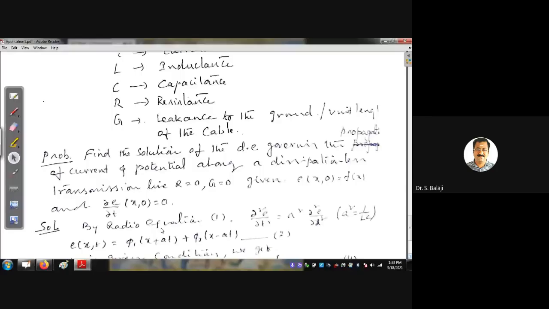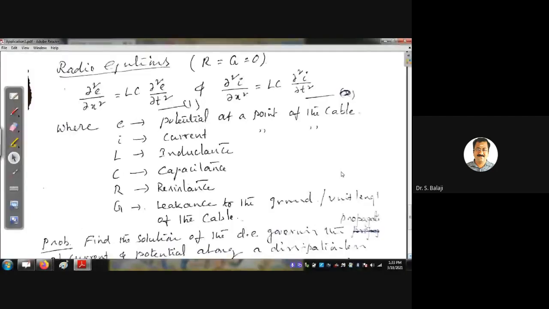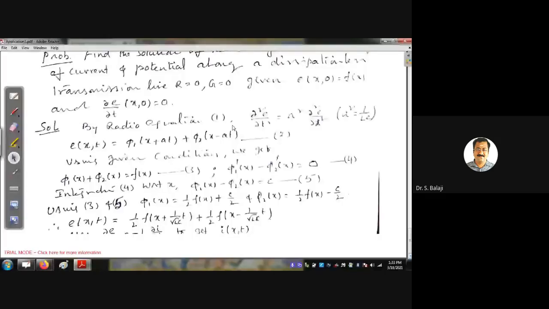The initial conditions are rho of x comma 0 equals f of x, and del rho by del t of x comma 0 equals 0. Two initial conditions are given. At time t equal to 0, the potential at a point of the cable is given as some functional form of x.